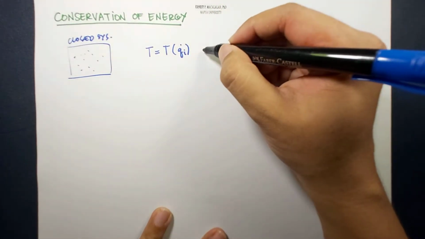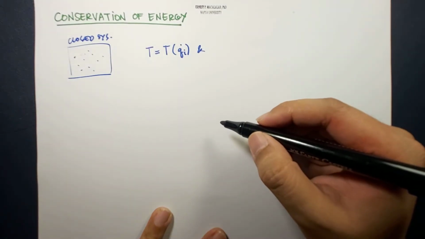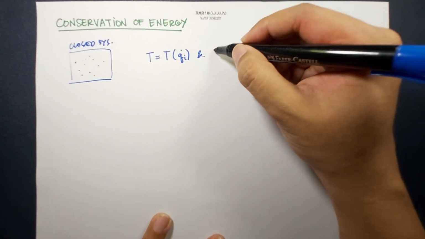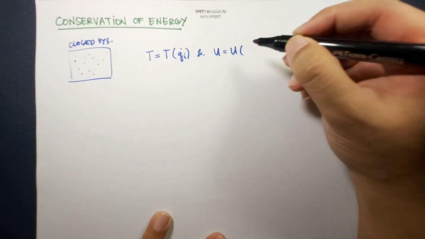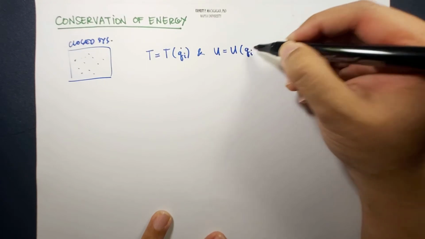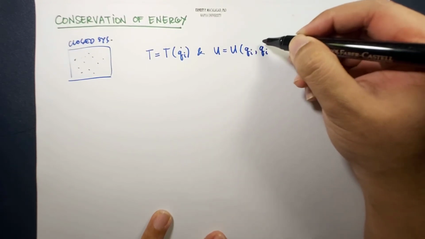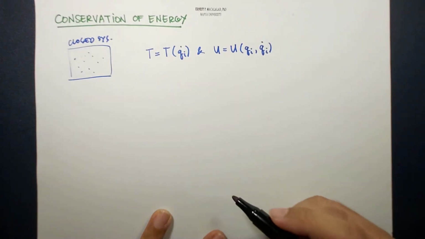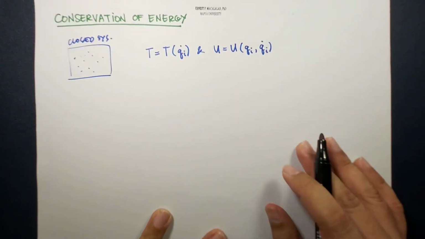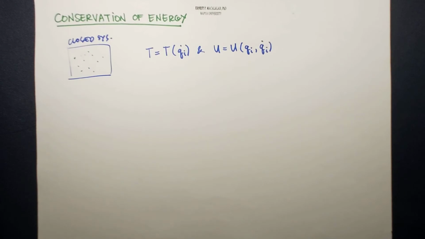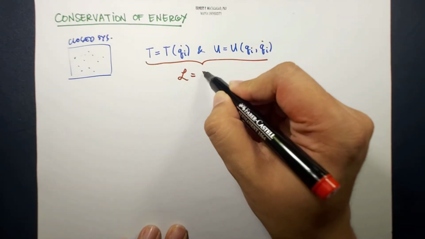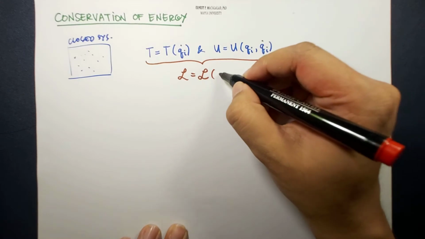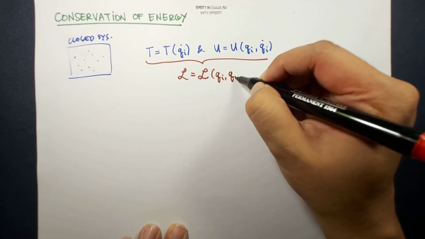And this closed system is also described by its potential energy, which can be a function of both position and velocity. So this tells us that the Lagrangian is only an explicit function of position and velocity.